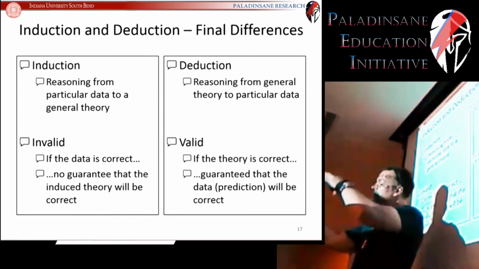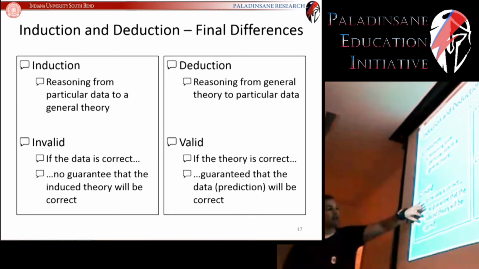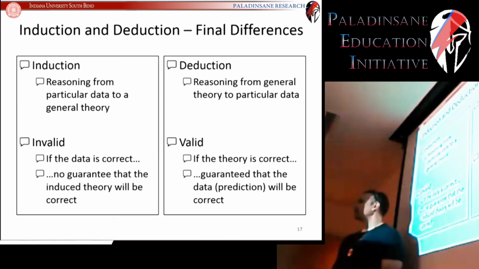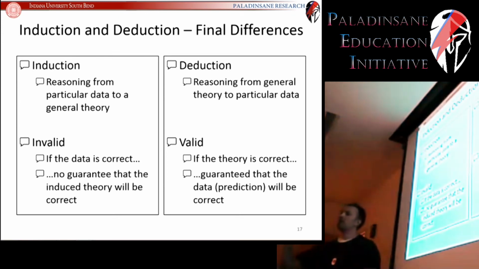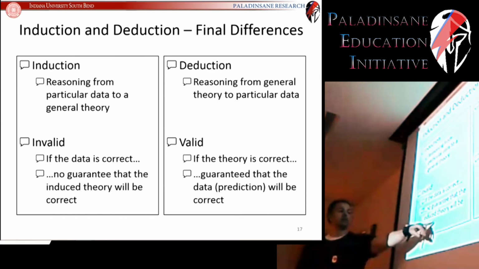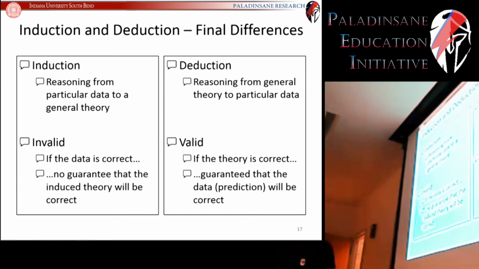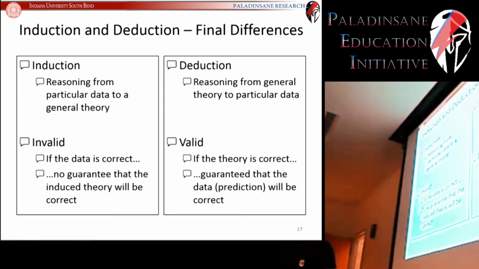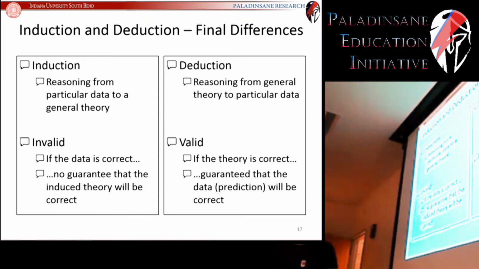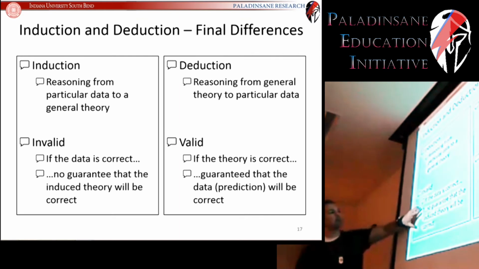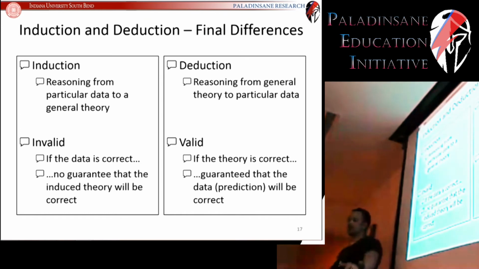The data was correct, induction was applied correctly, and yet most of the time I would say that's not the reason for those numbers, because the final theory that you induced was incorrect. So induction is known as an invalid form of reasoning: even if you start with correct observations and apply induction correctly, you have no guarantee that your theory is going to be right.